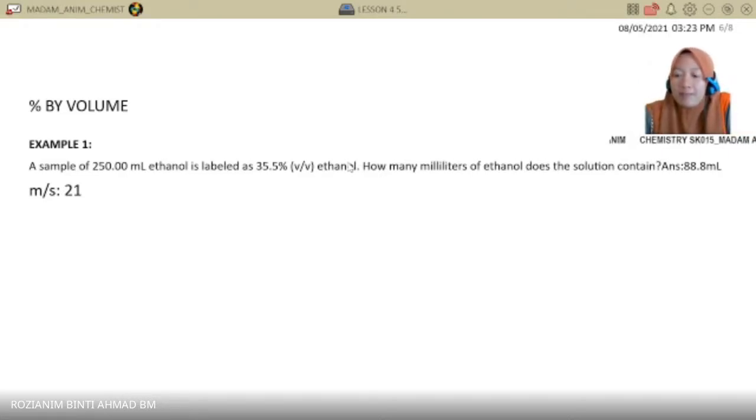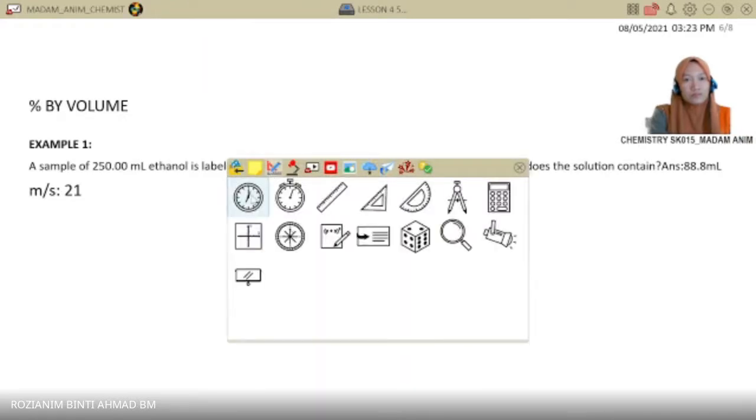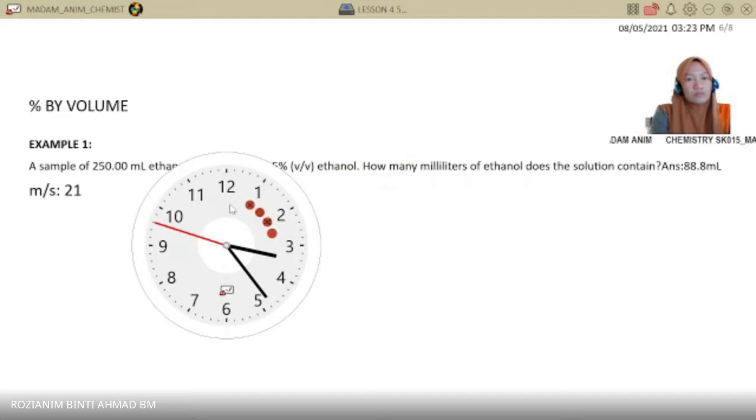Okay, pada mana yang dah siap, soalan 1, muka surat 21, dah boleh cuba example 2, page 22. Kita discuss dulu, example 1, page 21. Dah, Madam.